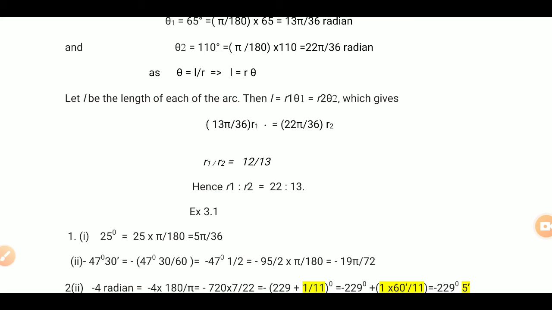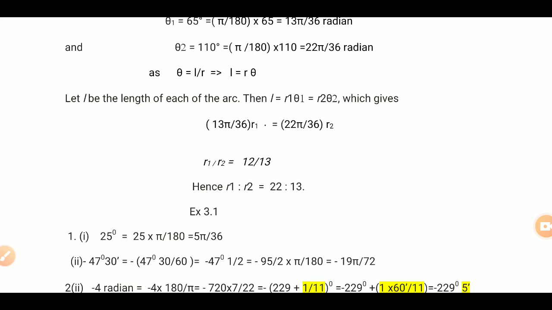So put the values of theta 1 and theta 2, we have 13 pi by 36 into R1 is equal to 22 pi by 36 R2.